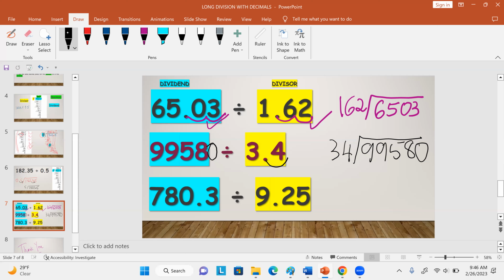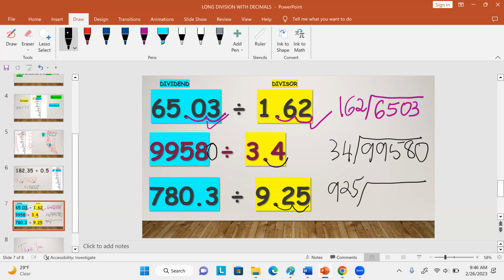Here we have 2 digits after the decimal for the divisor. Again, we check for the divisor. Okay, so because we have 2 digits, that means we need to move the decimal 2 times. So 1, 2. Okay, so our divisor now is 925. Now, the dividend, we have 780.3. So we have to move the decimal also 2 times, but we only have 1 digit on the right side of the decimal.